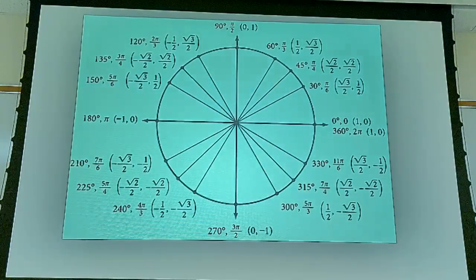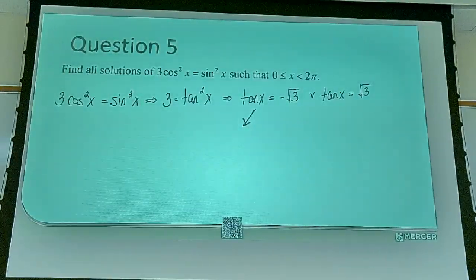Wouldn't they be? No, not right. No, because it's y over x. Okay. Right, it's y over x, not x over y. Also, for negative root 3, you gave me the wrong angles. You gave me where none were negative and both negative.